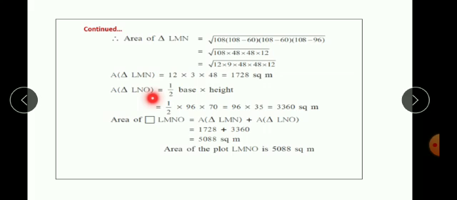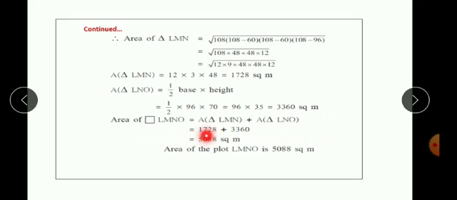Therefore, the area of triangle LNO, the next triangle, we will find. What will be the area? Half into base into height. That is equal to half into 96 into 70. Base is 96 and height is 70. So therefore 96 into 35 will be equal to 3360 square meter. Now we can calculate the total area. Area of plot, that is quadrilateral LMNO, is equal to area of triangle LMN plus area of triangle LNO.